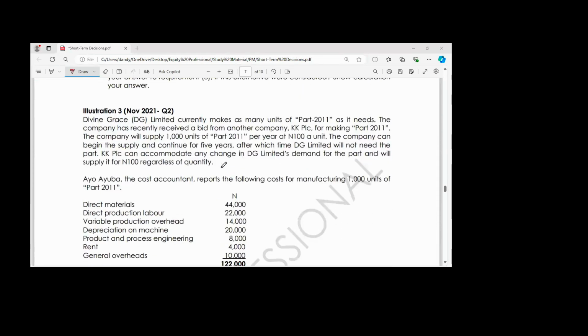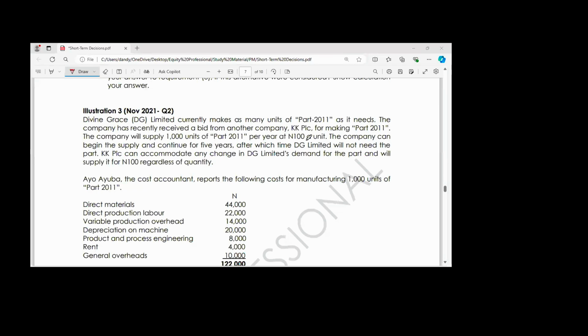So let's solve illustration number 3. Who will help us? Tife has been the one reading since. Okay, let me go, sir. Okay, go ahead. Thank you.